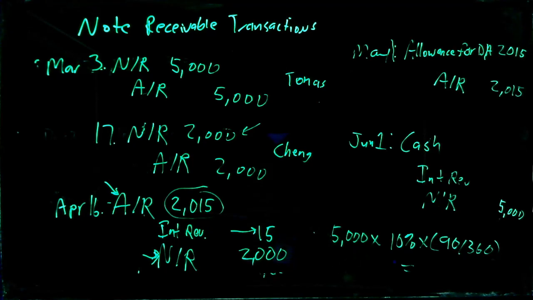Multiply that by 10%. Multiply that by 5,000. We get interest of 125. So our interest revenue on June 1st when we got paid is 125. So the total cash that our customer paid us is the principal of 5,000 plus the interest revenue of 125. We get paid principal plus interest.